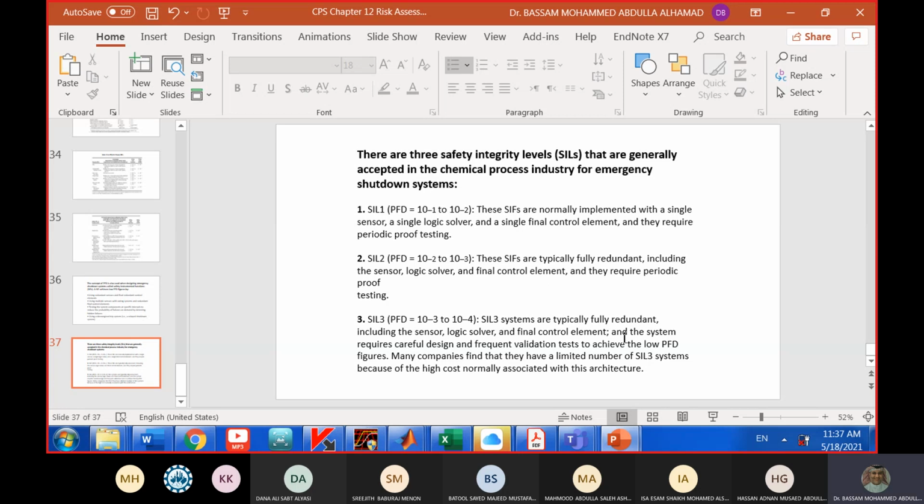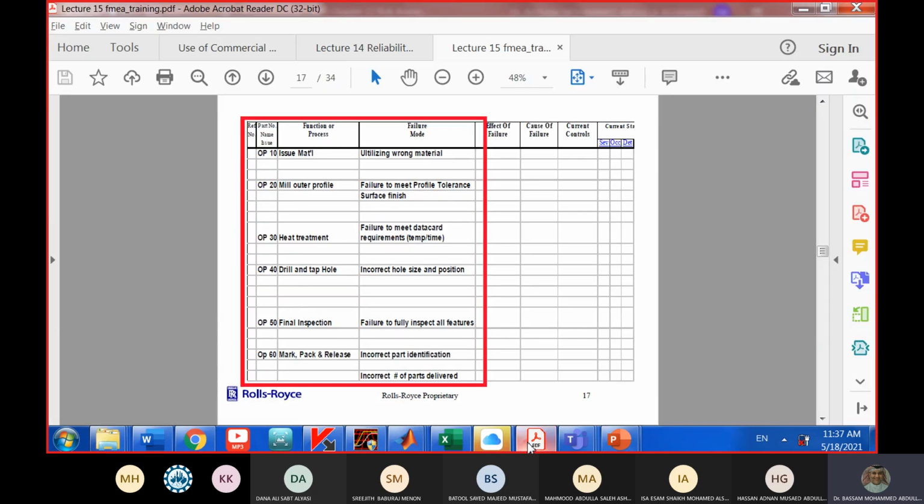Now, what is left? Besides reliability engineering, we have something called failure mode effect analysis. However, I will replace it with something else. I already gave you an indication last time that I may replace it, and it's the same thing, but it's a replacement. What is the failure mode effect analysis?